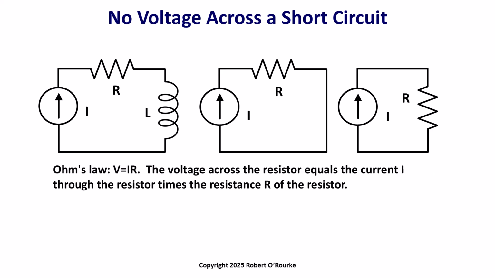We are given the current value I from the independent current source specification. We can calculate the voltage across the resistor from Ohm's law, V equals I times R. The voltage across the source and the resistor equals the current times the resistance value.